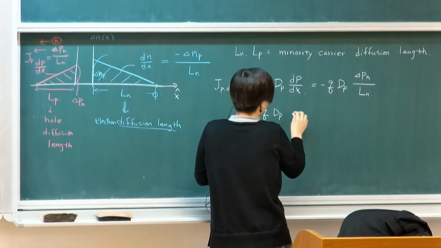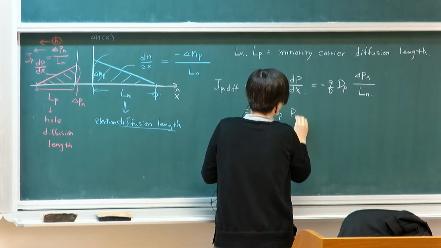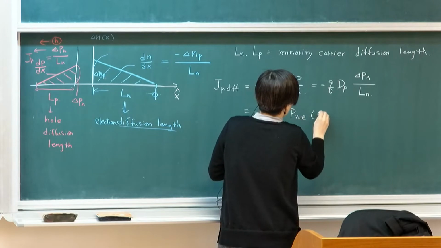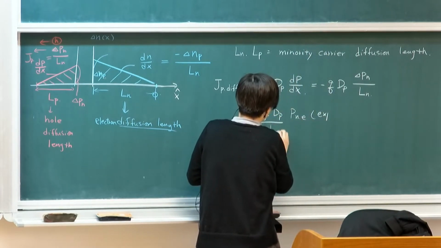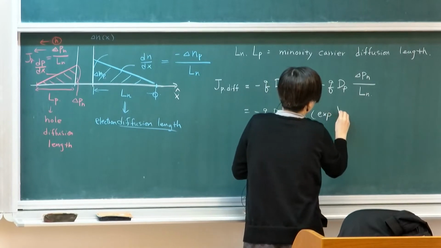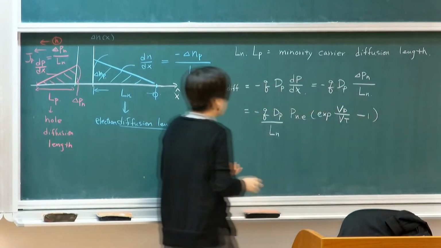According to that plot, this is p_nE times exponential, and I'm simply inserting that into my equation. Okay?